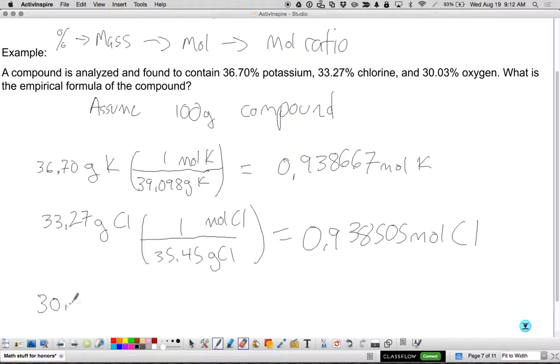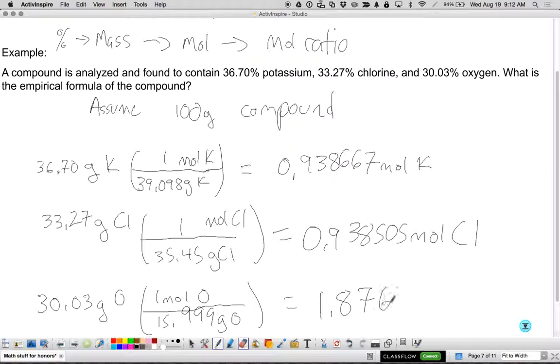The last one is oxygen, 30.03 grams oxygen times 1 mole oxygen over 15.999 grams oxygen equals 1.87699 moles oxygen.